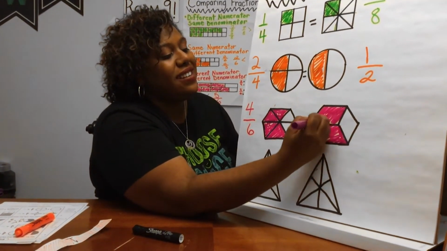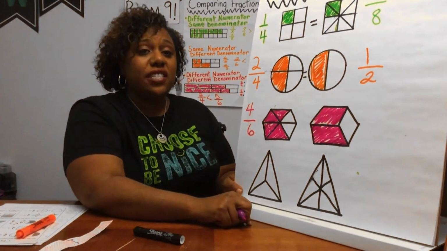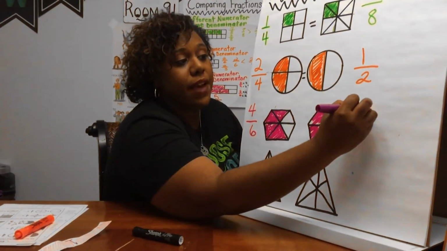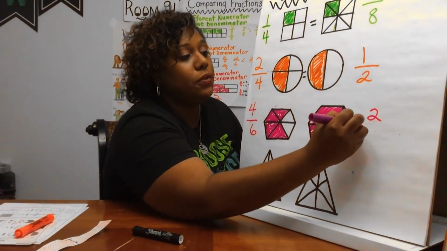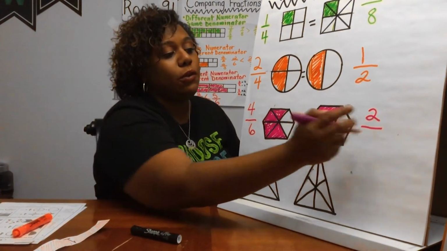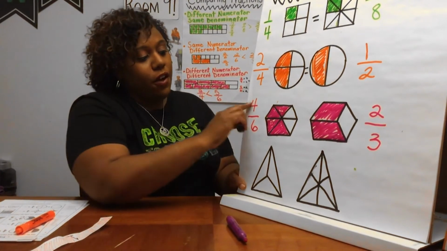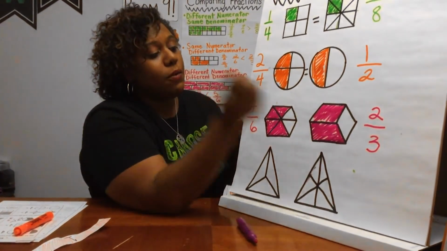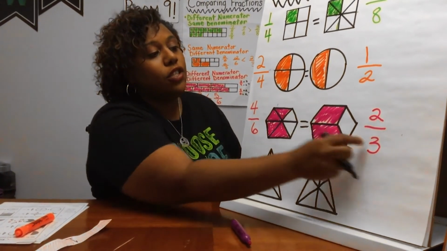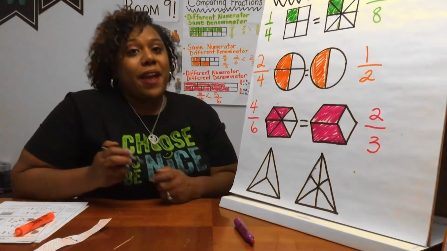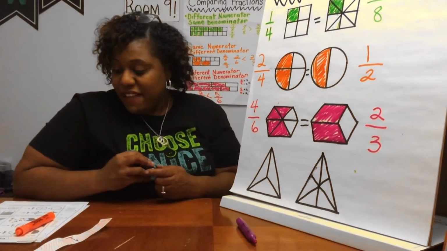Very good. Okay, so what's this fraction? How many parts do you have shaded? 2. And how many parts total are there? 3. Very good. So 4/6 is equal to 2/3. Alrighty, are you ready for the last one down here?